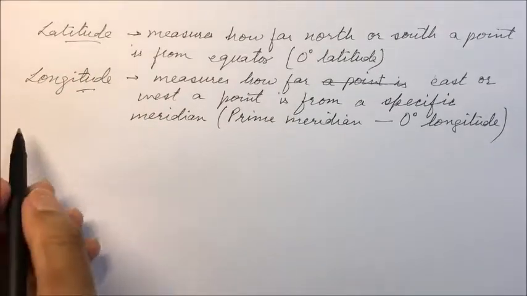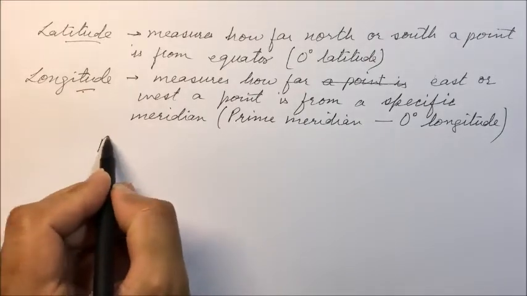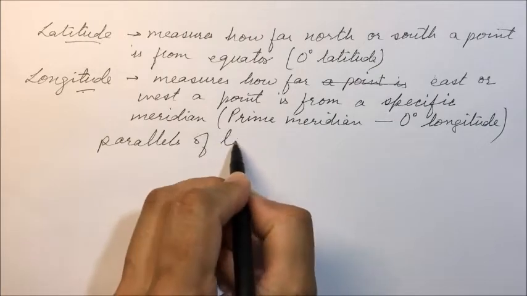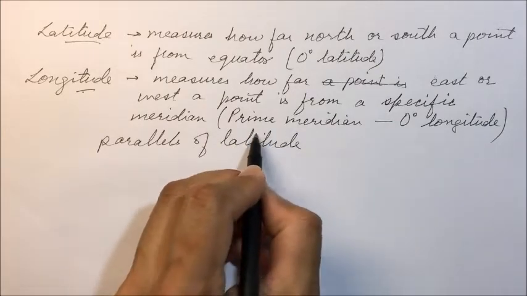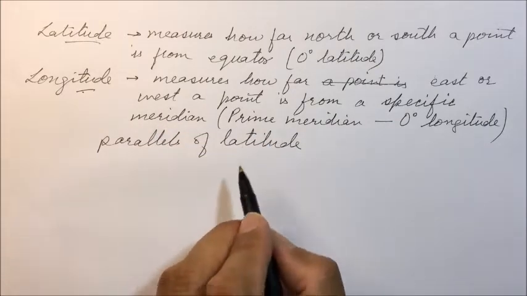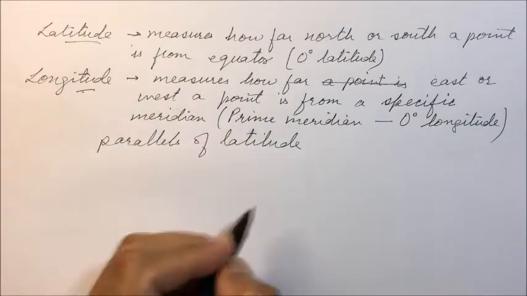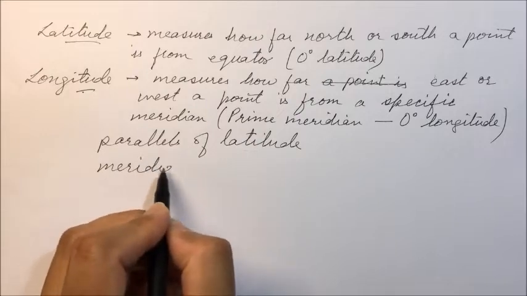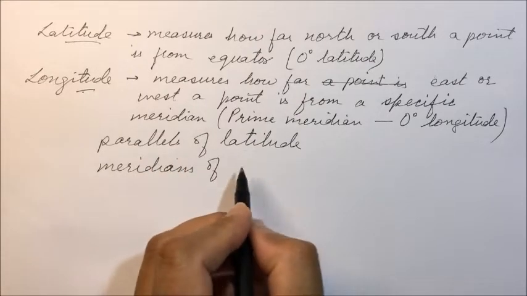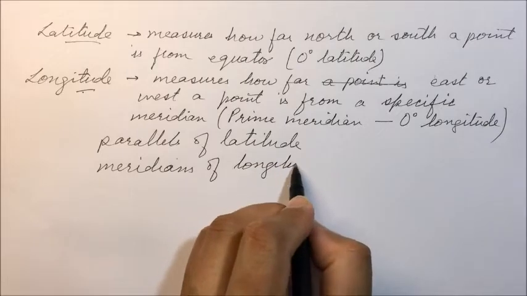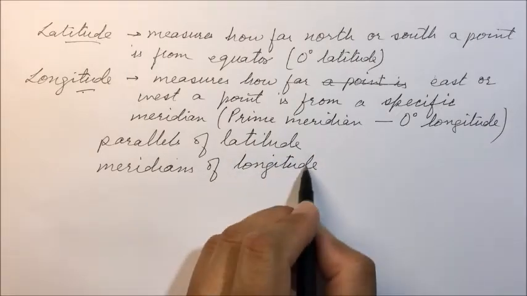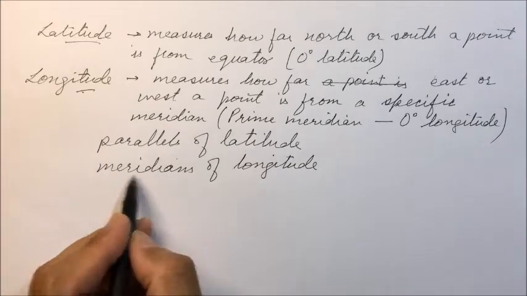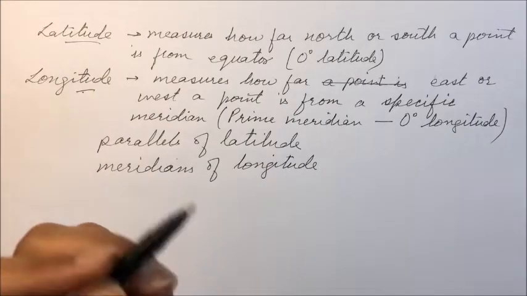Now we have discussed parallels of latitude, where all the points having the same latitude are connected and they form a circle. And we have discussed meridians of longitude, where places having the same longitude are connected, and that line is called a meridian, and it forms a semicircle.